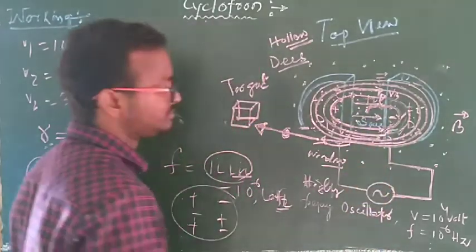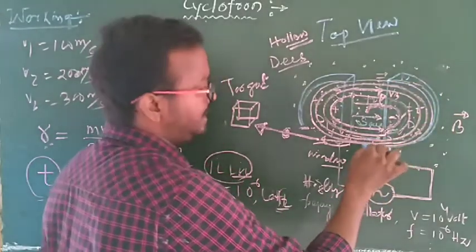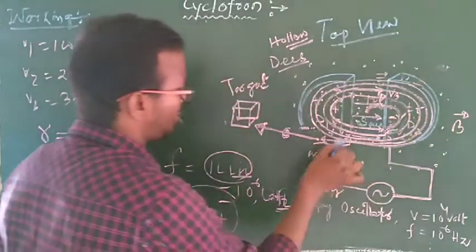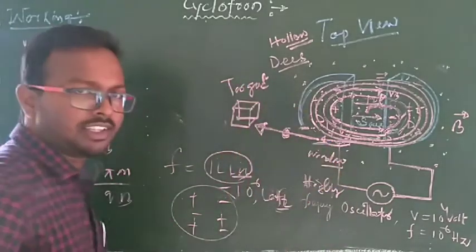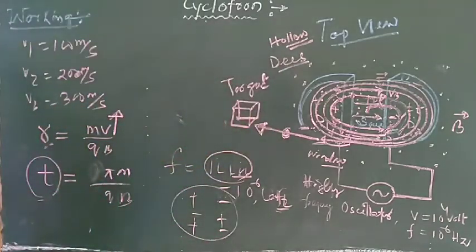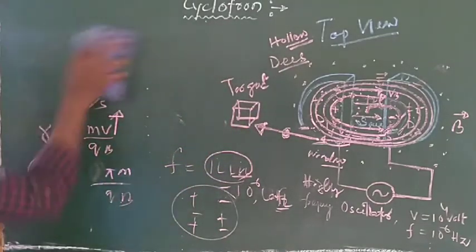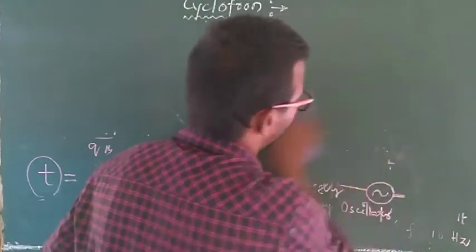Finally the charged particle reaches the periphery of the cyclotron, or the periphery of the disk, then comes out through the window and hits the target. This is the working of a cyclotron. Clear? Next we will go to the theory of the cyclotron.